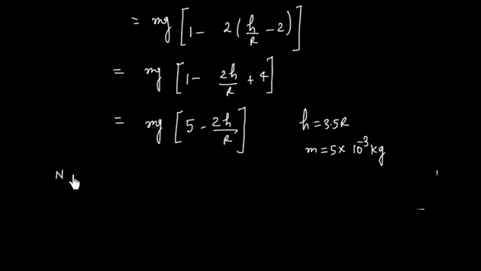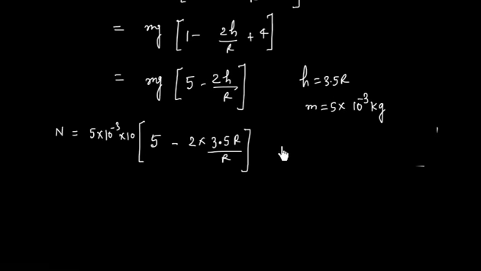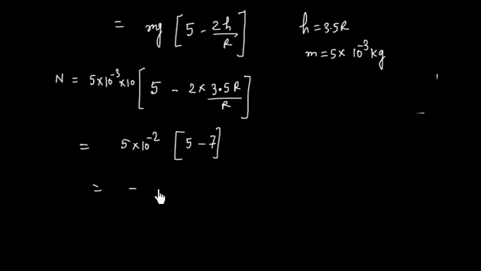So if I plug these values, h is 3.5 r, so this is 5 into 10 to the power minus 2 times (5 minus 7), that is minus 2. So minus 10 into 10 to the power minus 2, so this is minus 0.1 Newton.